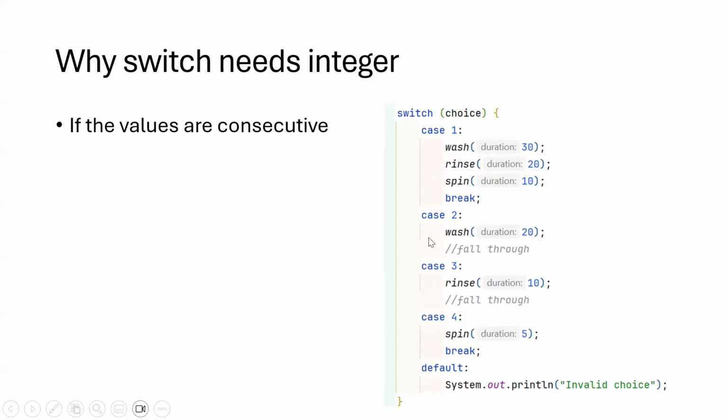If you jump here into wash, you will do wash and fall through to rinse and fall through to spin until you break. If you jump into rinse, you will do the rinse and the spin and then break. If you jump directly into spin, you will only do spin and break.